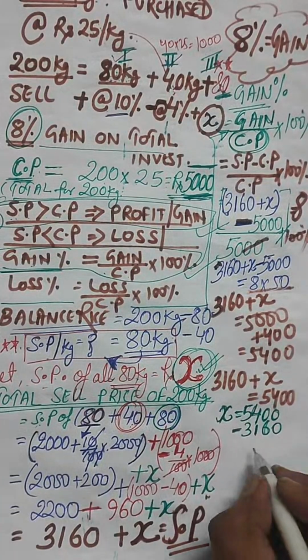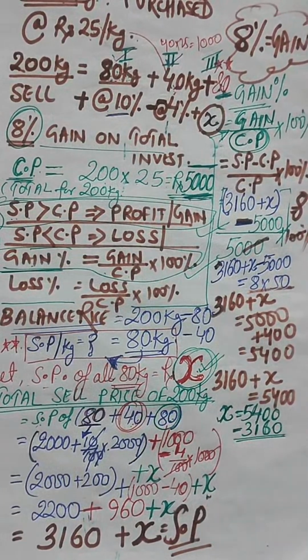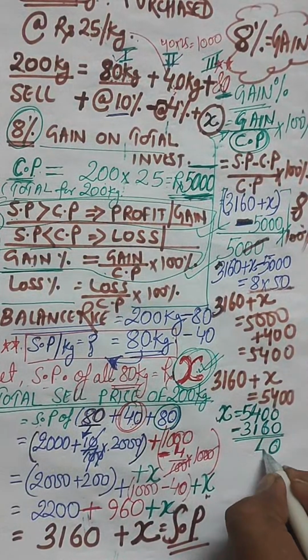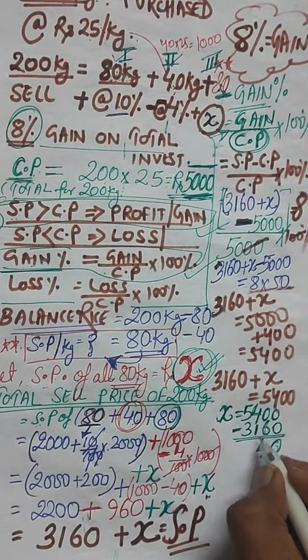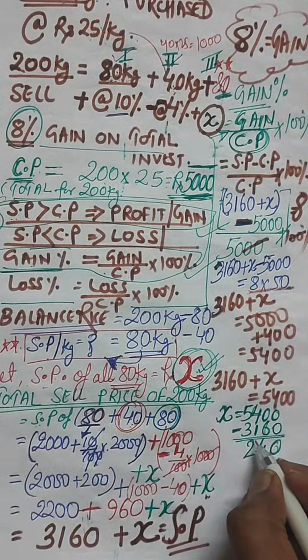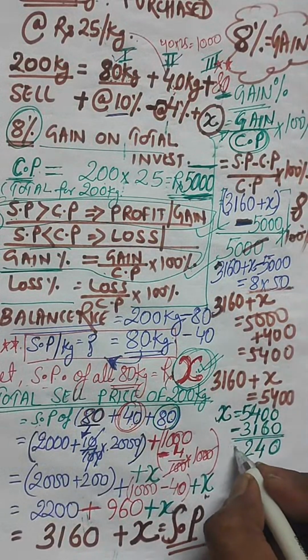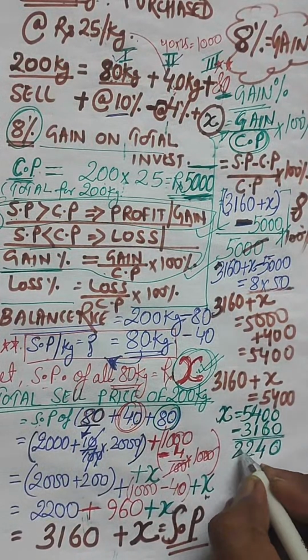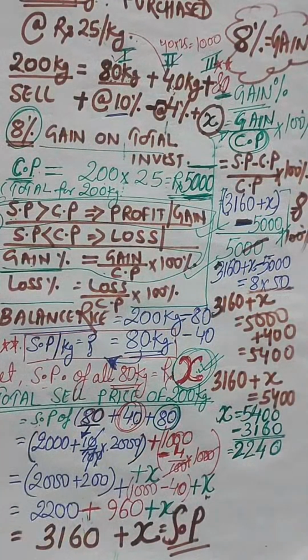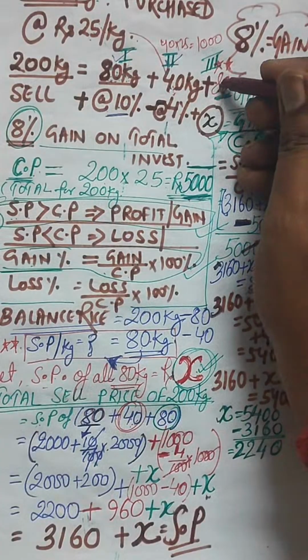So this will give you 2240 is the value of X. 2240 is the value of X, but this value is for this entire 80 kg.